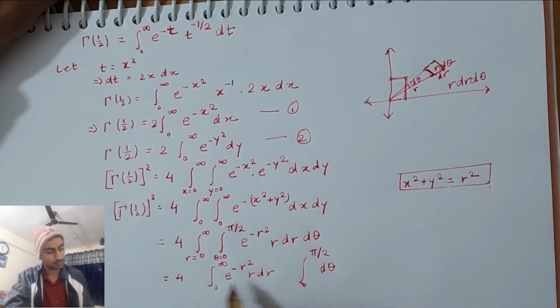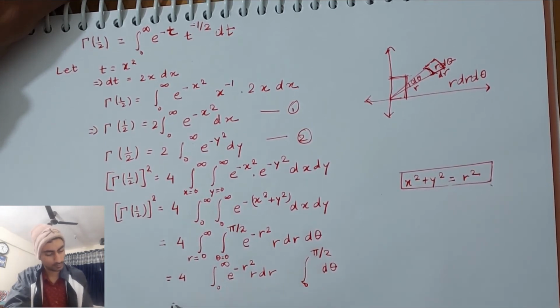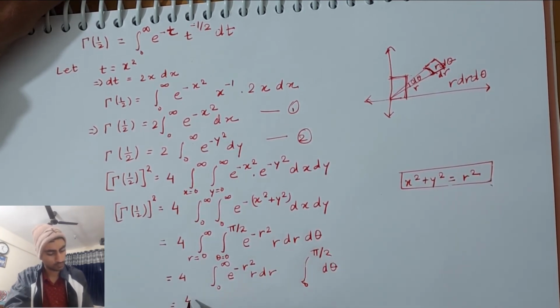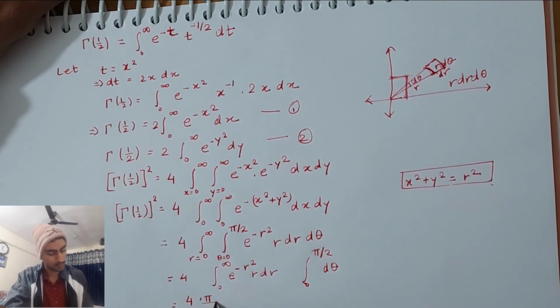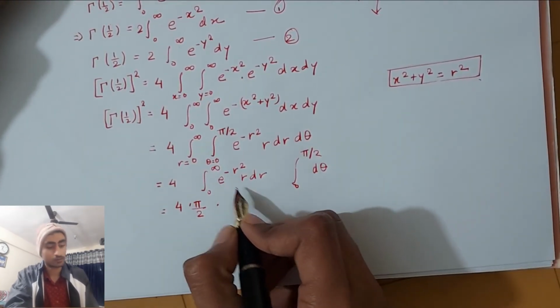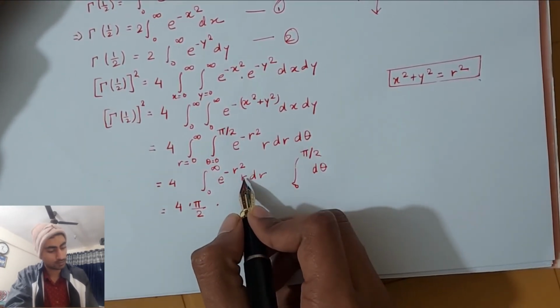It is a simple integration. We will have to use limits in this one, so its value would be simply pi by 2. So 4 times pi by 2 times this improper integral of e to the power minus r squared r dr.